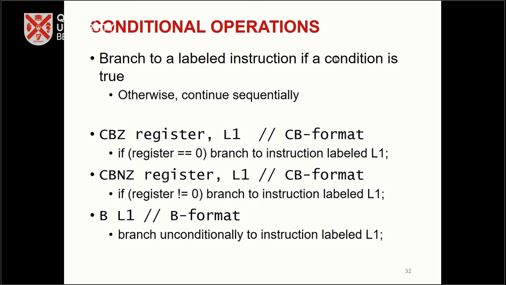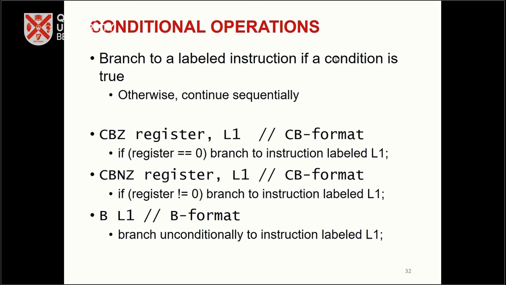So if the register is not equal 0, then we go to this label, which is basically an address in my program which runs a different instruction than the following one in the code. And then we have a branch with any condition. So if you have the B for branch, you just go to this label.